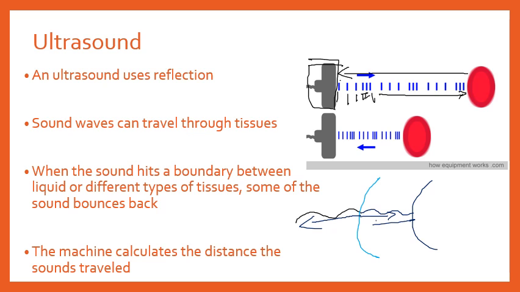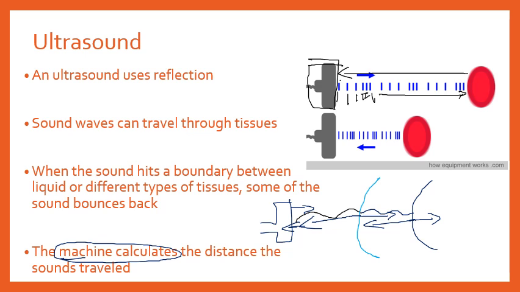When it hits another boundary layer, it'll bounce back, and some will continue through. And when it comes back, you actually are able to detect it on the same device that is emitting the sound. So it's emitting the sound, but it's also detecting the sound coming back. And the machine that you're using actually calculates the distance for you, and it turns it into a picture.